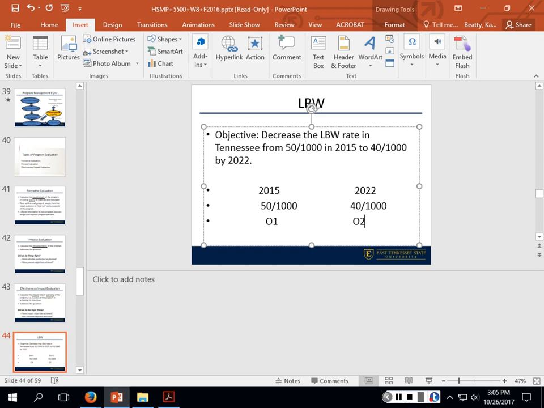O1 is our baseline observation, O2 is our follow-up observation in 2022. And between those two observations, we implemented our initiative, and in evaluation terminology, the initiative is represented by the letter X, right? And this is all in the state of Tennessee, okay?